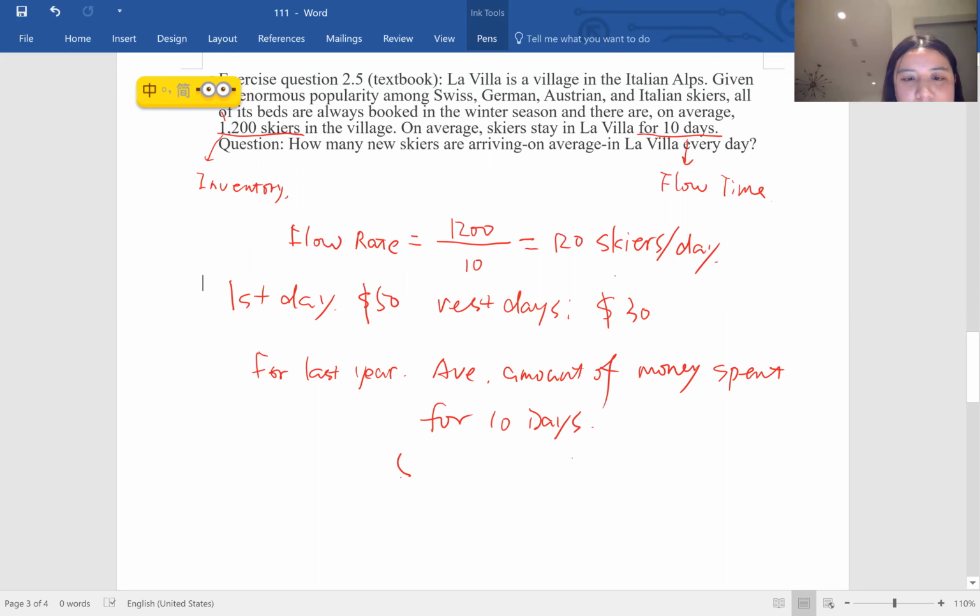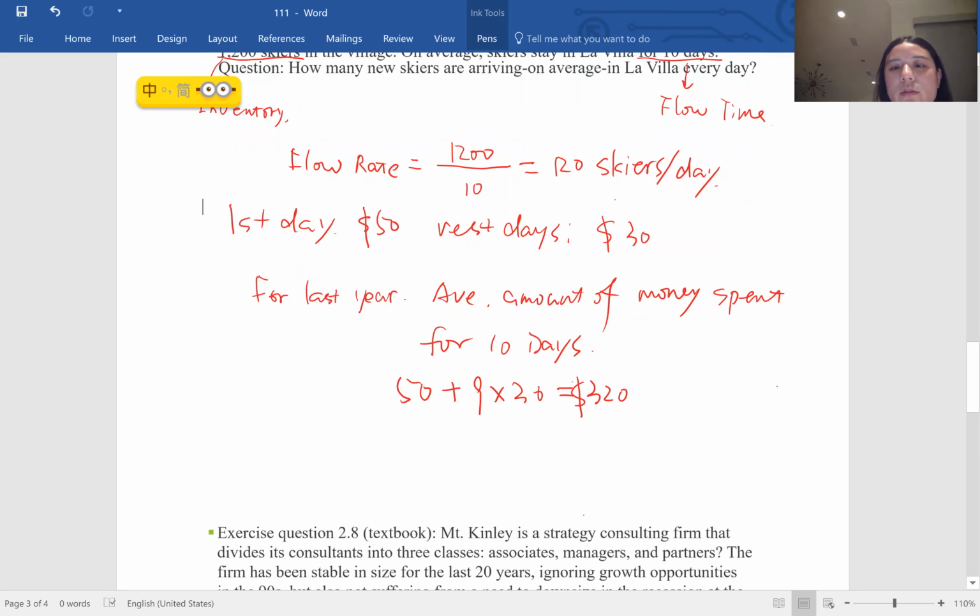On the first day, each skier spent $50, plus the remaining 9 days when they spent only $30. So for 10 days, each person spent $320.